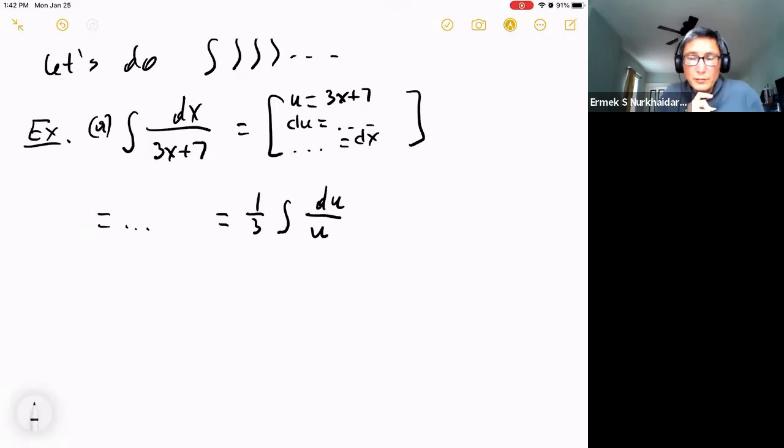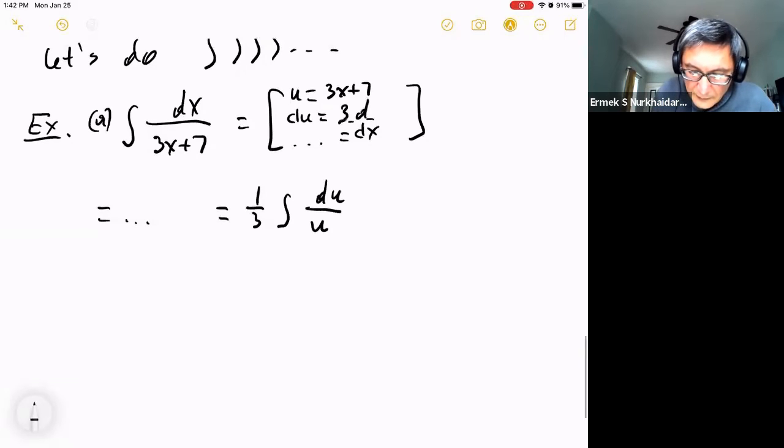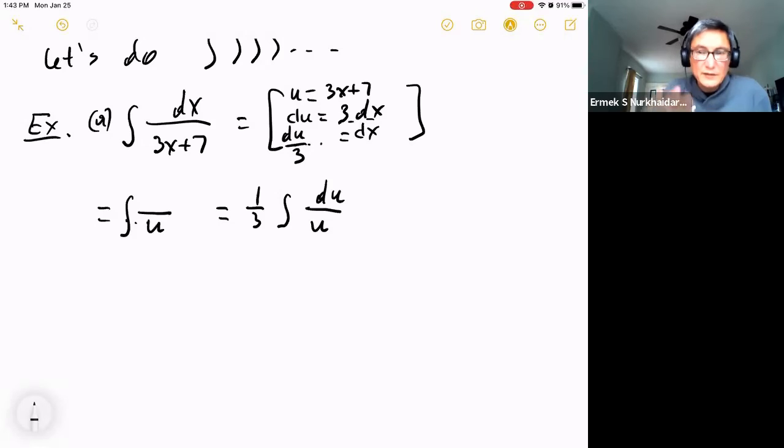Okay, so if you want me to fill up the gaps, then du equals 3 dx, because the derivative of 3x plus 7 is 3. Then find dx, so du divided by 3. So we're going to get the integral with u on the bottom, and I will slide dx to the side, so we're going to get du over 3.